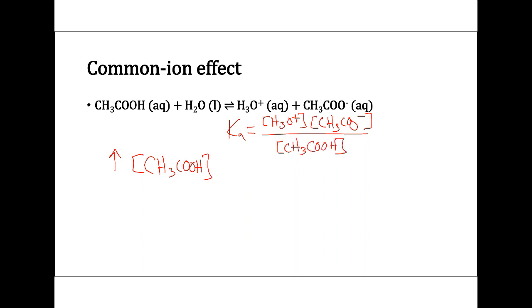So if we add acetic acid, Le Chatelier's principle says this reaction is going to go to the right. If we add acetate, what we'll see is this reaction is going to go to the left, assuming that this was at equilibrium initially. So you can think about it in the same way.